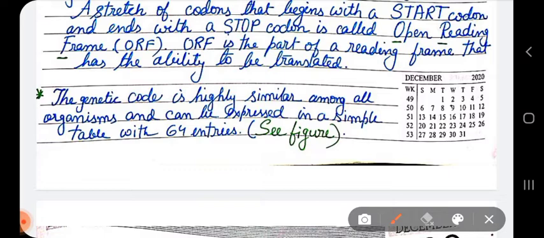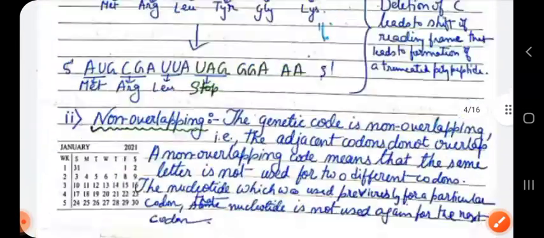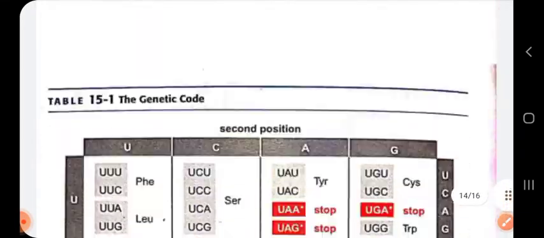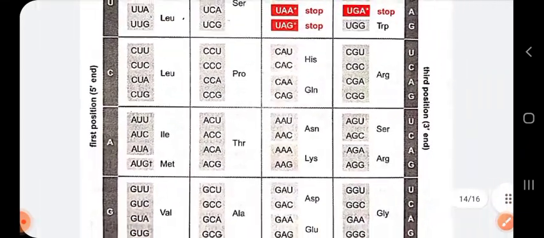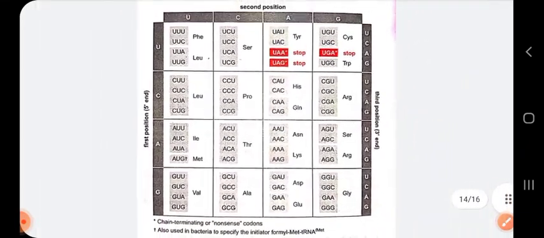So let us see that table. I will also show you how to read that genetic code. Let us see. So this is that genetic code. I am going downwards to show you the genetic code.